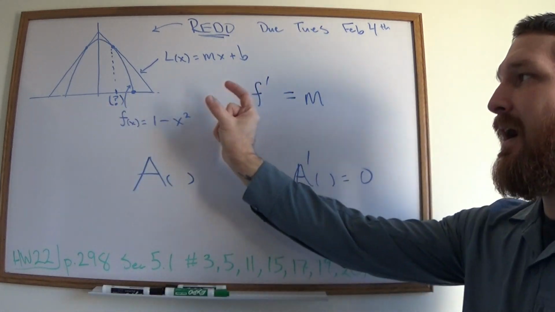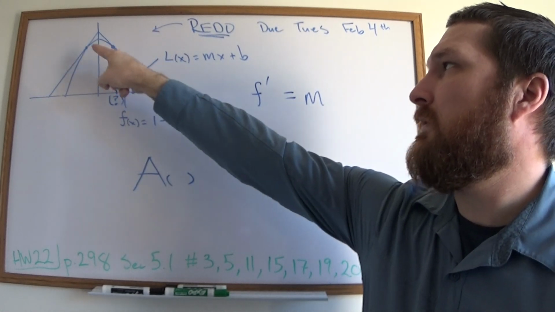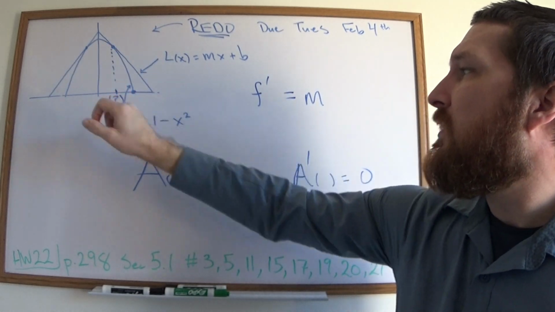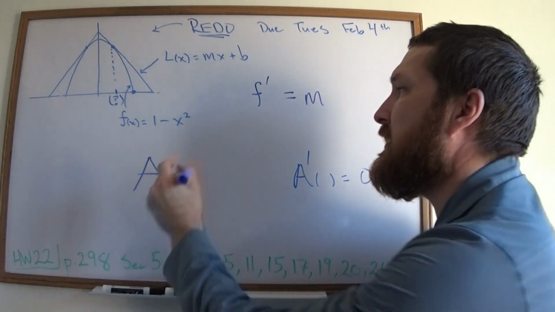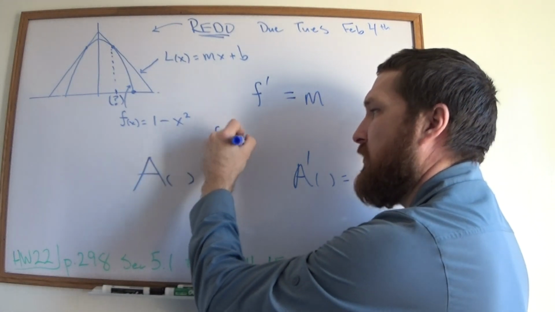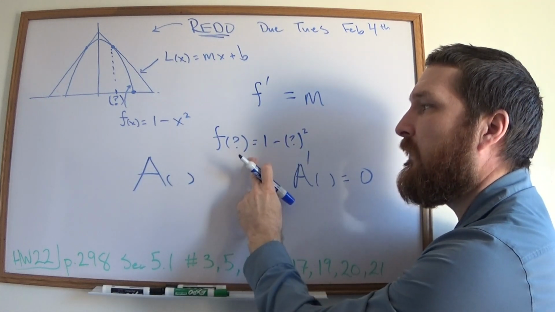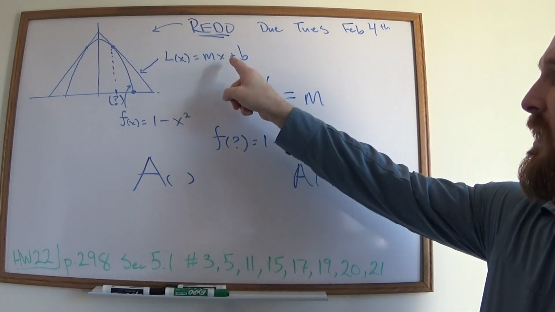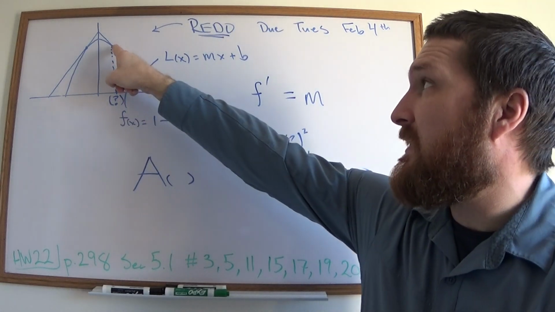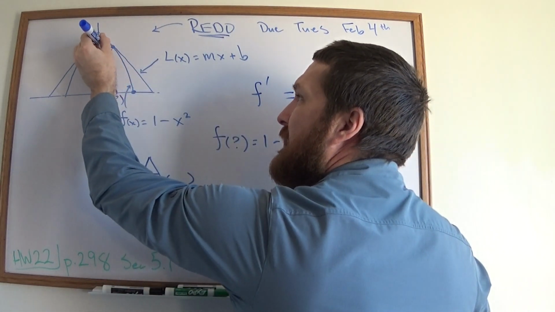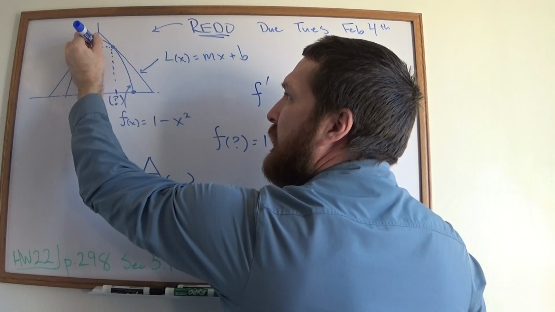Another constraint is that they have to touch, right? So whatever you plug in here, whatever that is, I'm not sure what it is, when you plug it in, that has to be the same thing as this. Those lines have to touch. Whatever this output is, call it y, I don't know, star.